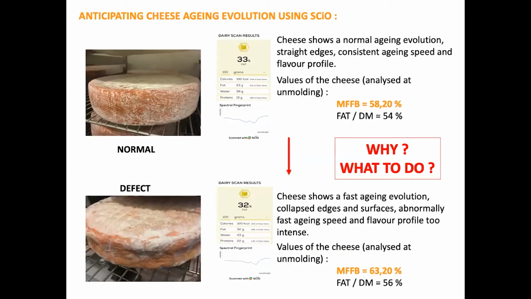And we should continue testing after a few days or a few months in order to make the distinction between, is it a problem when I make the cheese, or is it a problem that shows up when I age the cheese? Two completely different approaches.